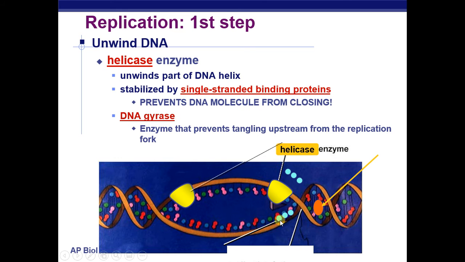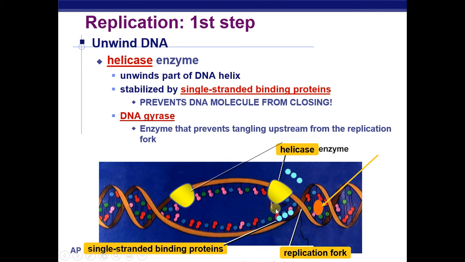The single strands of DNA are stabilized by these yellow molecules called single-stranded binding proteins. They prevent the DNA from reannealing, coming back together right after it was separated. So here they are keeping the DNA from coming back together.